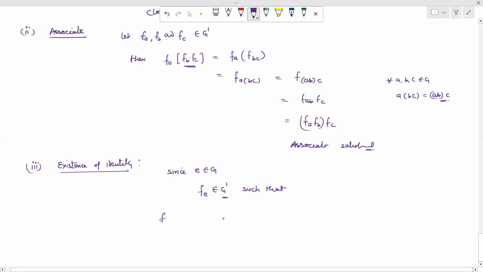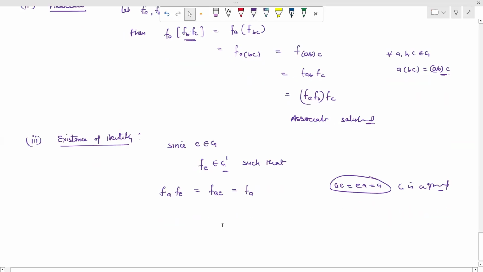So f(a) into f(e) is equal to f(ae), and f(ae) can be written as f(a), because ae equals ea equals a when G is a group, so it satisfies the identity.